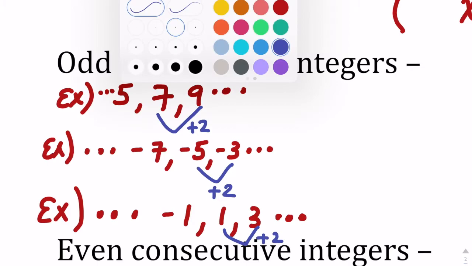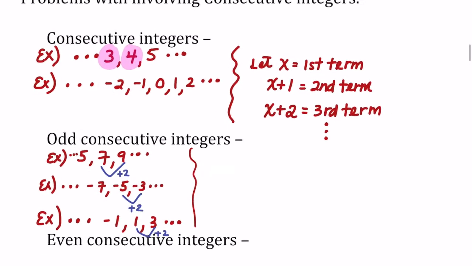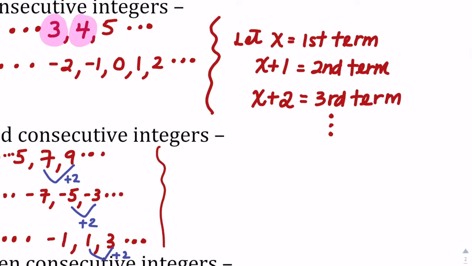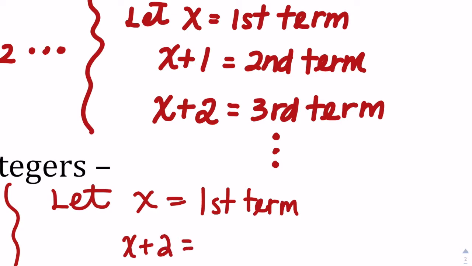So in this case, your pattern, if we let x equals the first term, x, what is the gap between the first number and the second number? You add 2. It's going to be the second term.